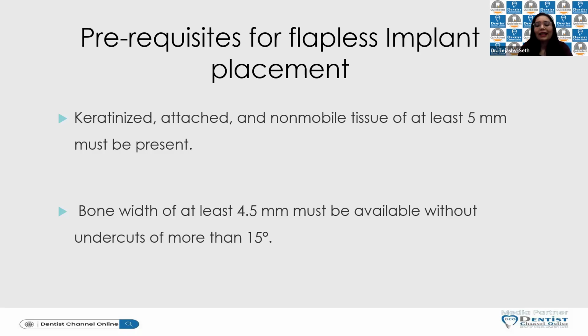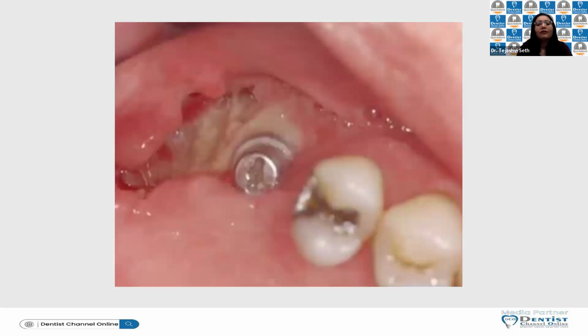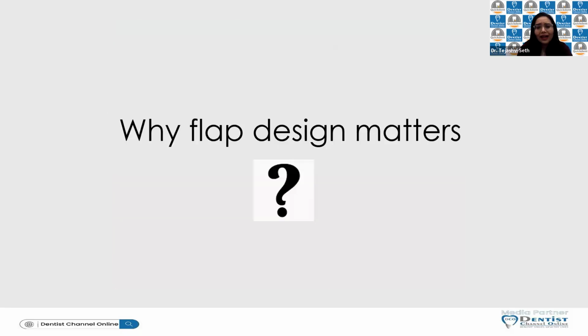But the scenario is not always such that you will find such good tissue and such good bone. So we do require to open a flap. So why does flap design matter? Why do we have to come to this very basic?